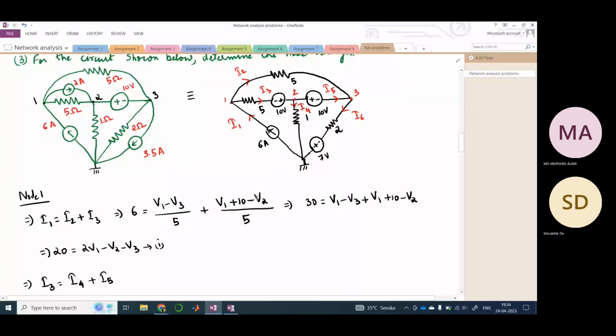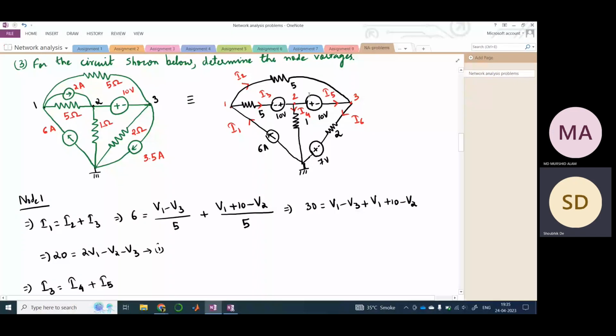So instead you can do it like this. What would be the nodal analysis equation at node 2? It would be I3 equal to I4 plus I5. Similarly here it would be I2 plus I5 equal to I6, right? Because I6 is leaving node 3, and I2 and I5 are entering node 3.